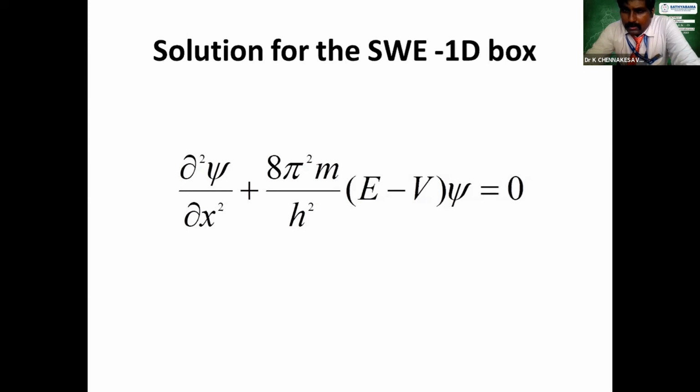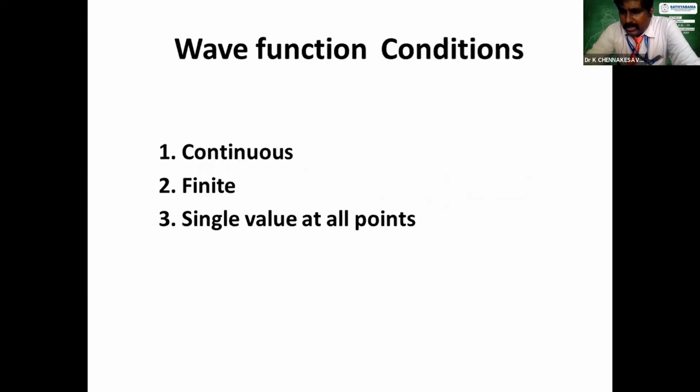Before solving this equation, we are assuming three important conditions. The psi wave function is continuous. That means if an electron is there, the wave function of this electron is continuous. And it is finite.